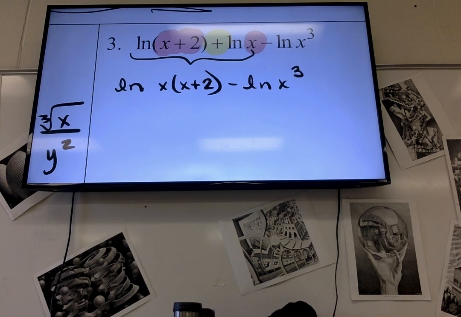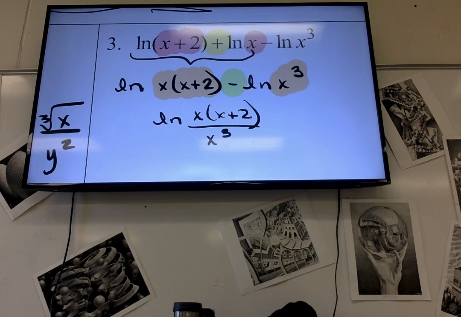Now we move to the next thing. We have a subtraction sign. What do we do when I have logs with the same base and they're subtracting? We divide. Very good. So we're going to divide what we're taking the natural logs of. So it becomes 1 natural log, and then x times x plus 2 over x cubed.